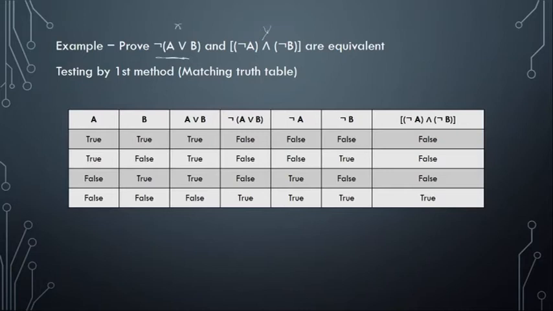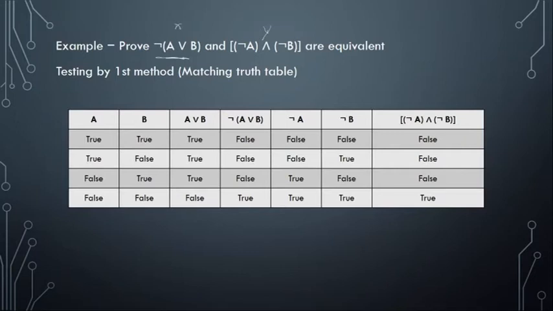The first condition is that they have the same truth values. The next condition is that by using the biconditional, they return a tautology, or every value returns true.